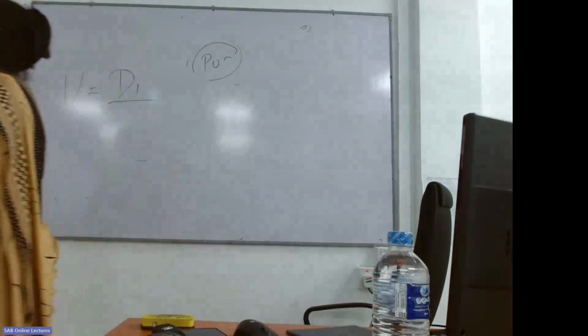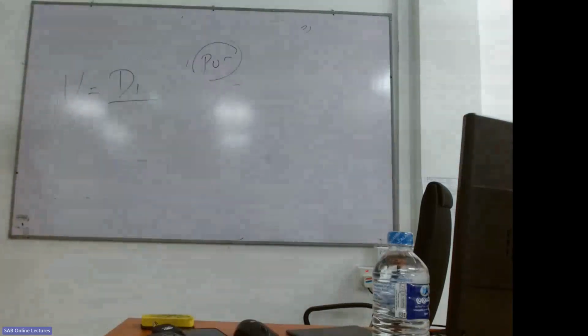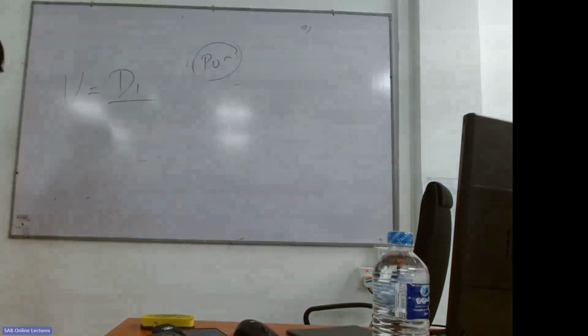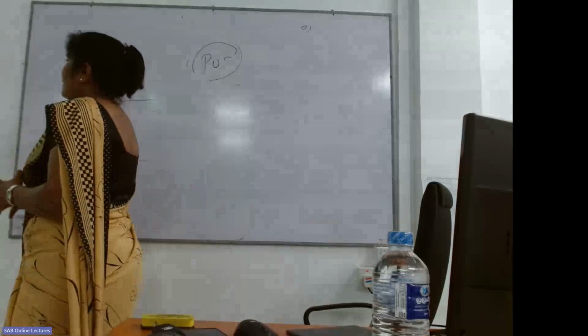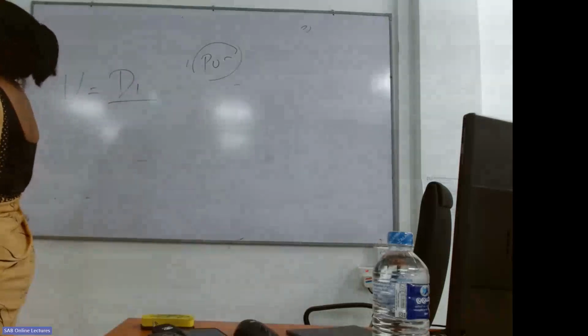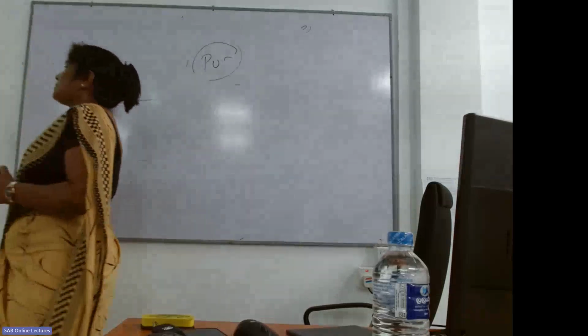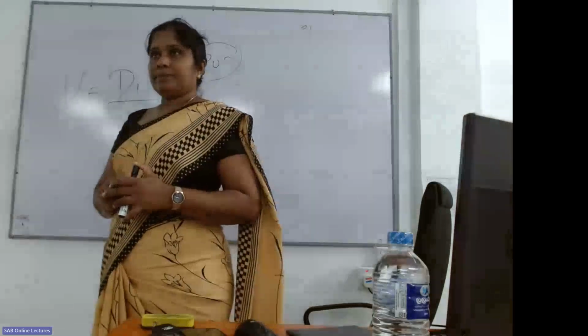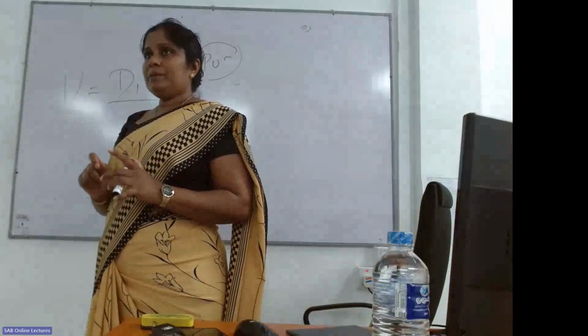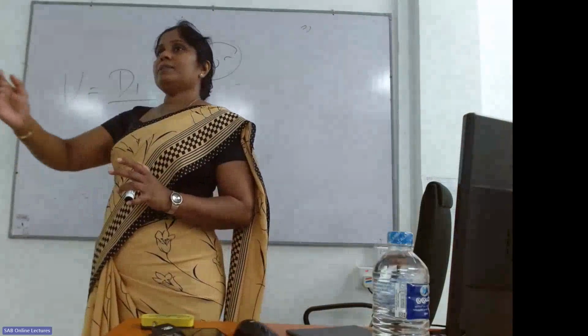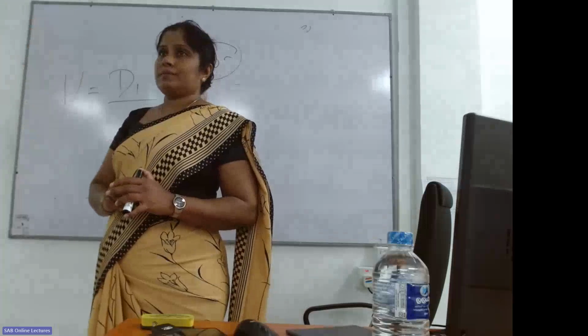So you should be able to define this accurately. D1 or the dividend next period. So how to define that? Dividend payment immediately after the start of the constant growth.